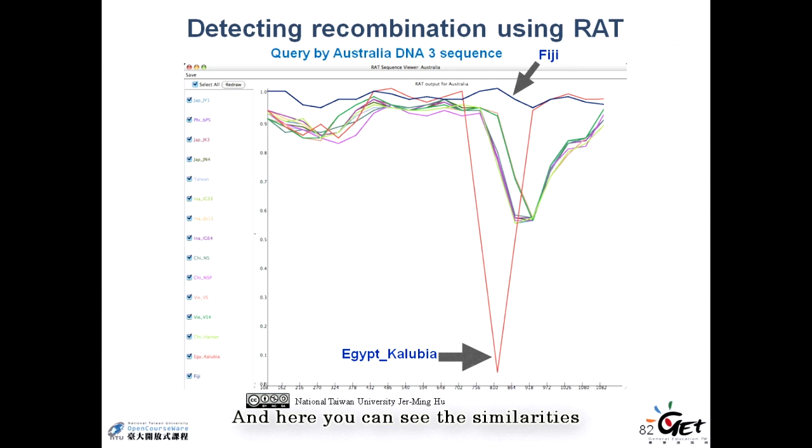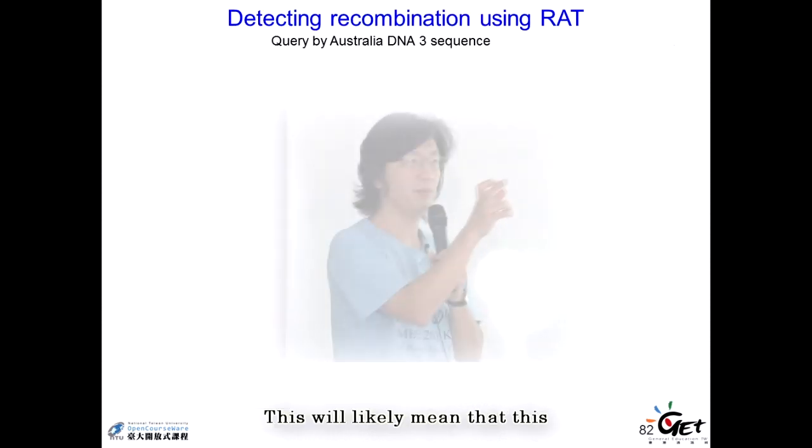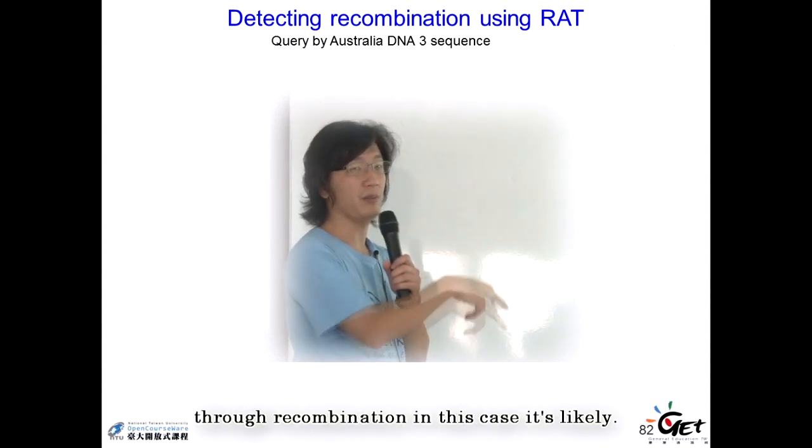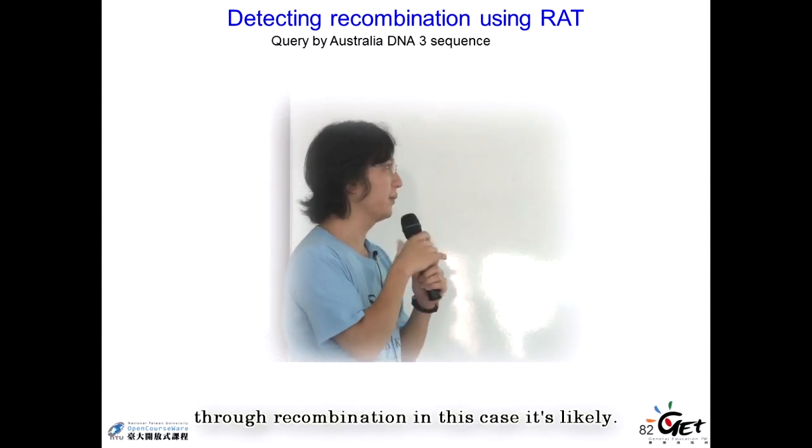Here you can see the similarities are mostly the same, except for a particular case where the similarity drops a lot. If you see such a pattern, it means that this part has very little similarity compared to the other parts of the sequences. This will likely mean that this piece of sequence is derived from somewhere else through recombination. In this case, it's likely.